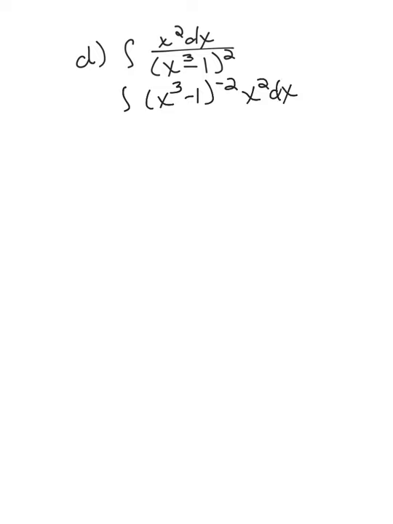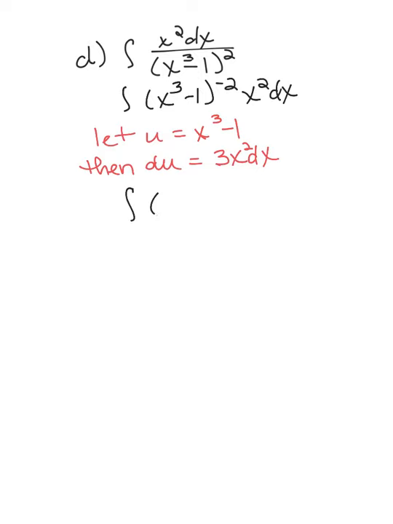So for our substitution, we would let u equal inside the parentheses, the x cubed minus 1. This means then du is the derivative of that, which is 3x squared dx. If you look at our problem, we just have a 1x squared. So this time, we are going to leave our quantity alone.